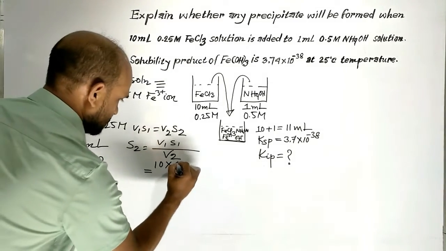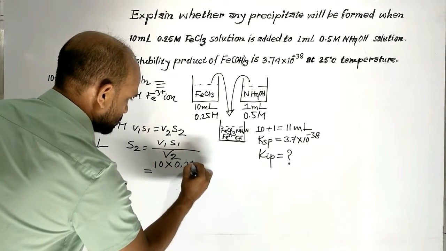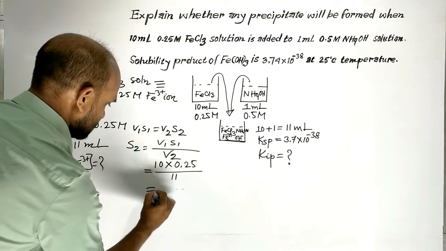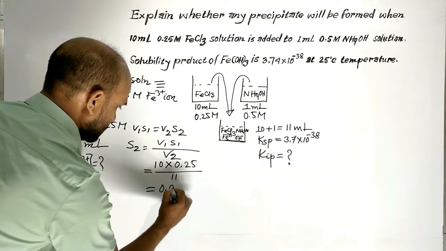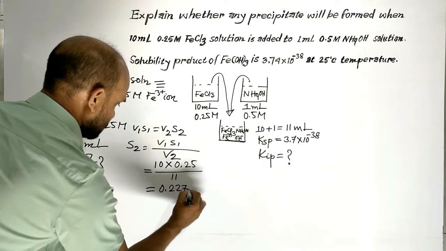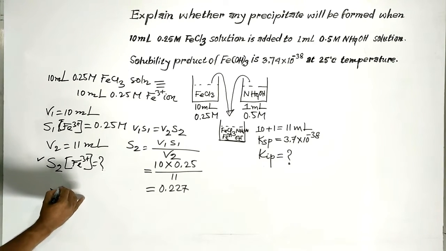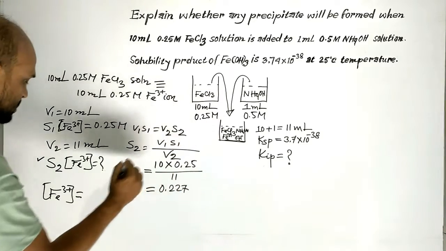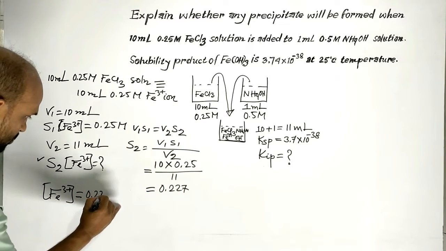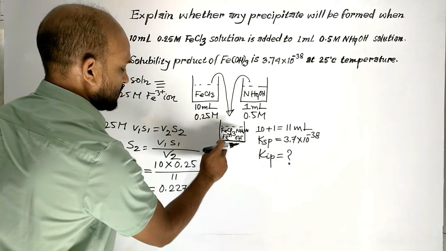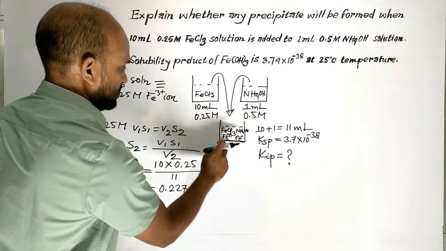S1 is this, 0.25. V2 is 11. This is equal to 0.227. That means the concentration of ferric ion in this solution is 0.227 molar. Here we got the concentration of ferric ion.